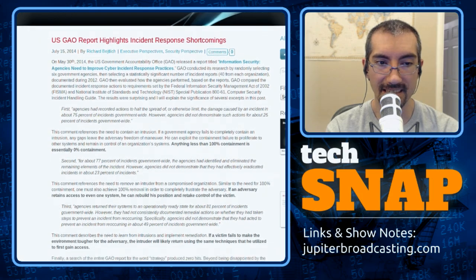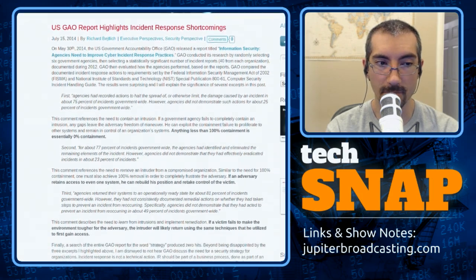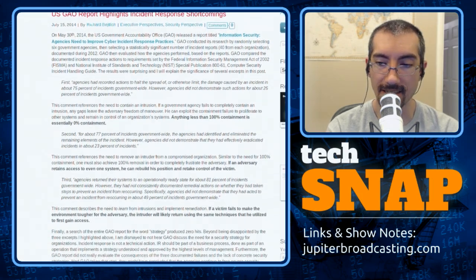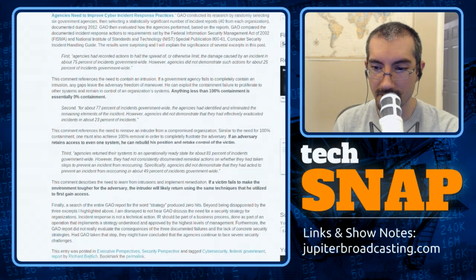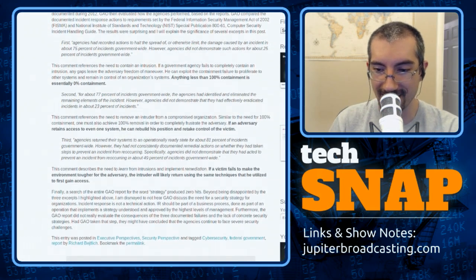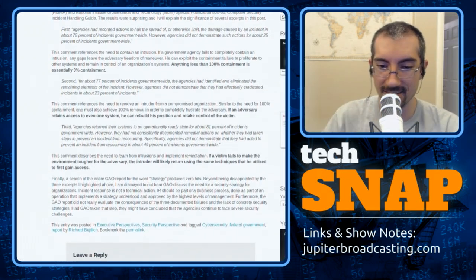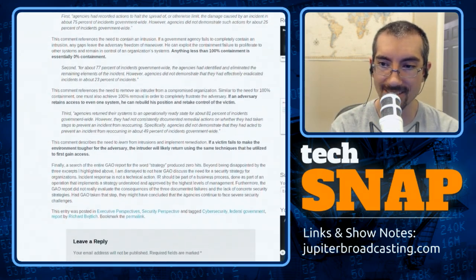He can exploit the containment failure to proliferate to other systems and remain in control of the organization's systems, right? If you only cut off 3 sides, then they can use the other side to go out, and then they get around you, and they can get back to the machine you just cleaned up. Meanwhile, you think you got them. And reinfect it, yeah. If you don't get them 100%, then they're just going to come back. Jeez.